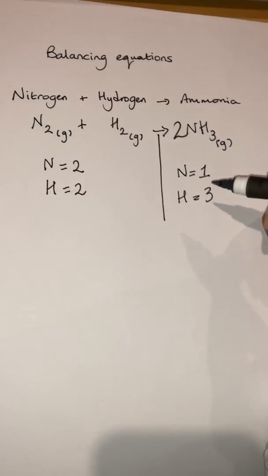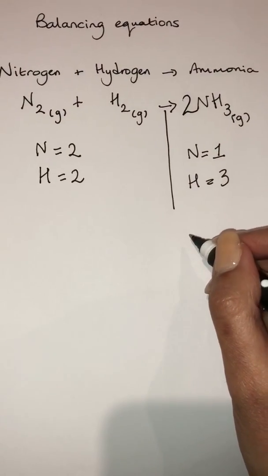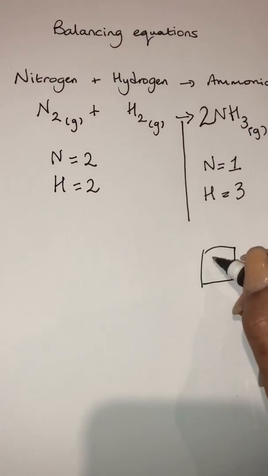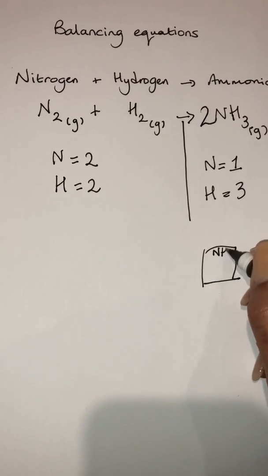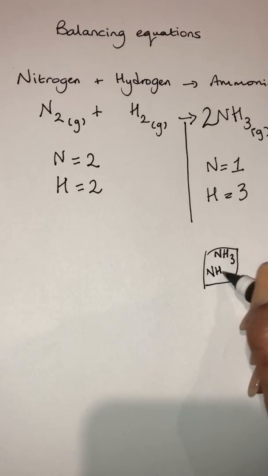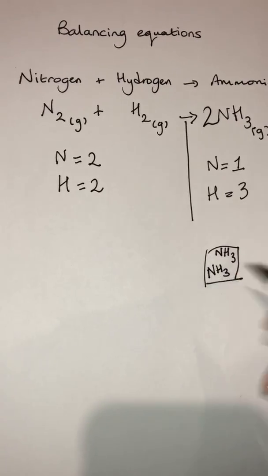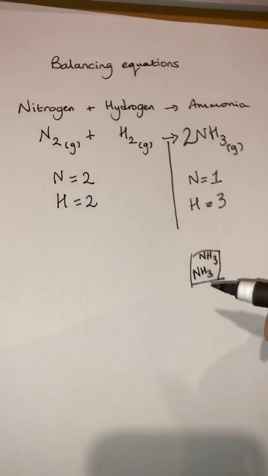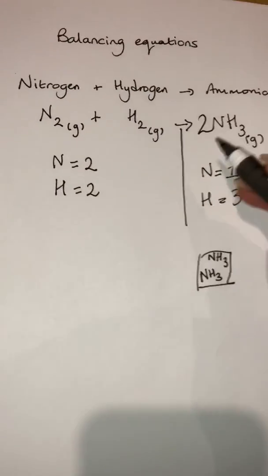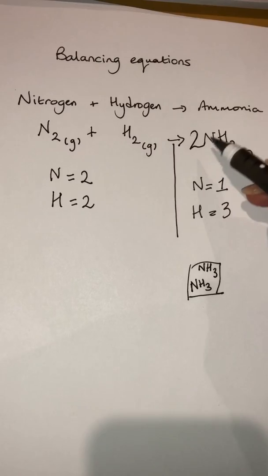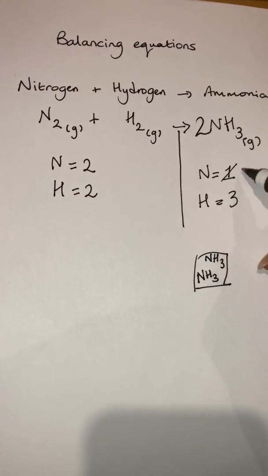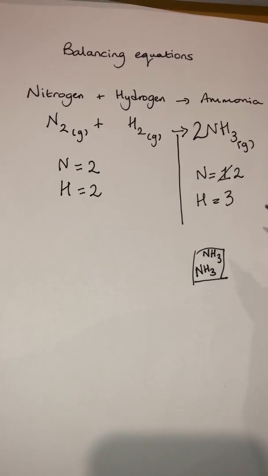Now what you're essentially saying is, in my container I have an NH3, and now I'm about to add another molecule of NH3. So I've increased the number of molecules of ammonia, so therefore this big number affects the number of N's, so I've got 1, 2 now in my container, so cross this out, change that into 2.